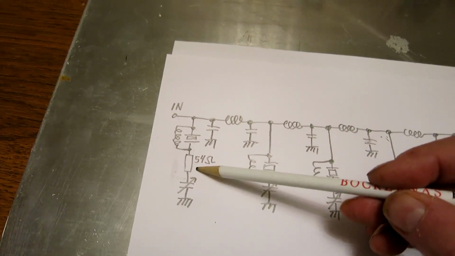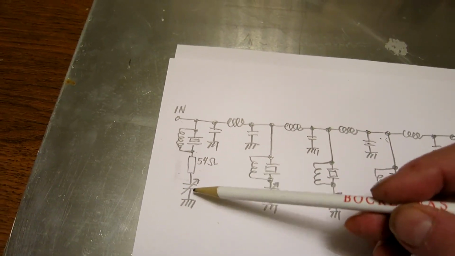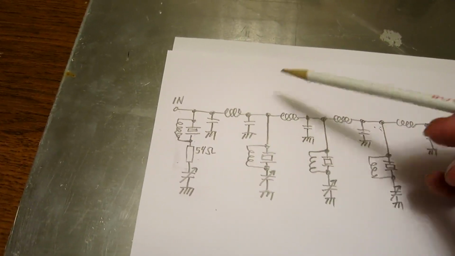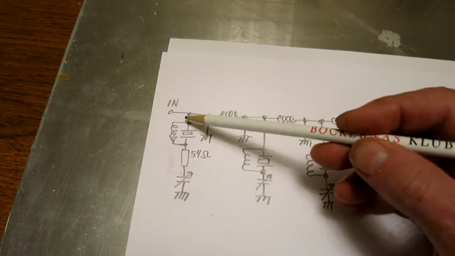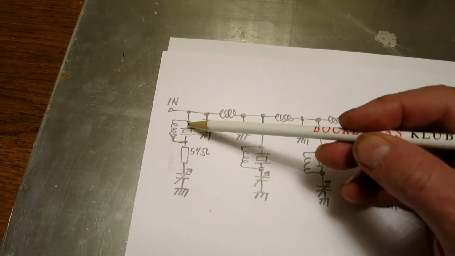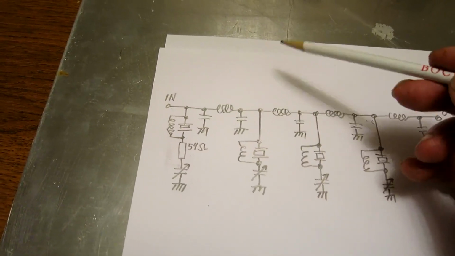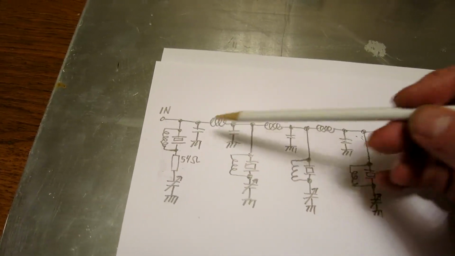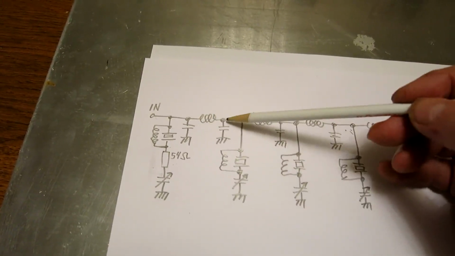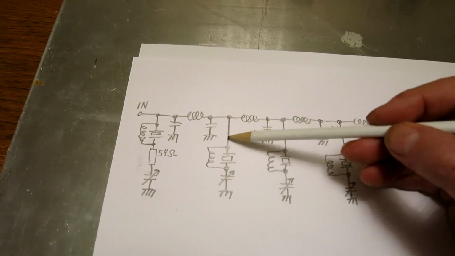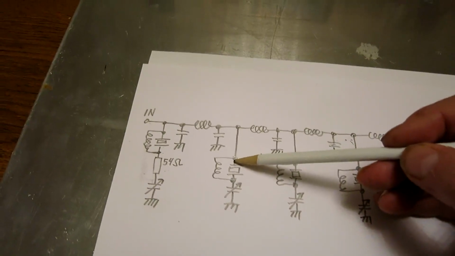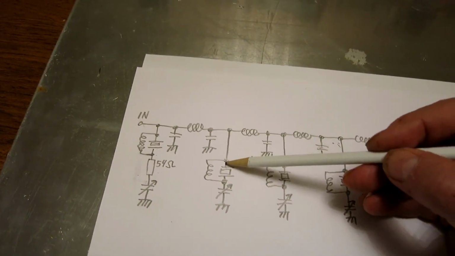Then there is a 54 ohm resistor, and finally a capacitor to tune this thing for a resonance at 10 MHz with a series impedance of 54 ohms, or maybe 55, there is some also in the crystals. Then there is a quarter wave transmission line with lumped components, and then there is a second crystal which is tuned to the same frequency.